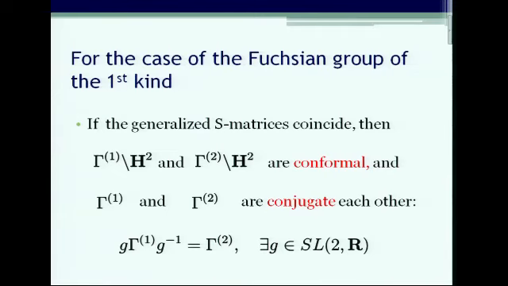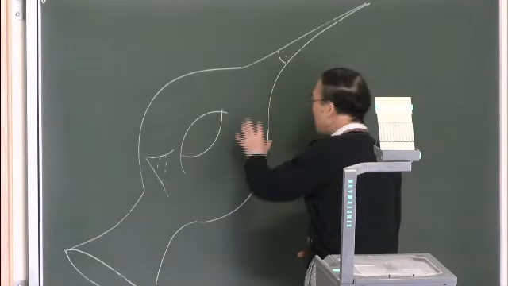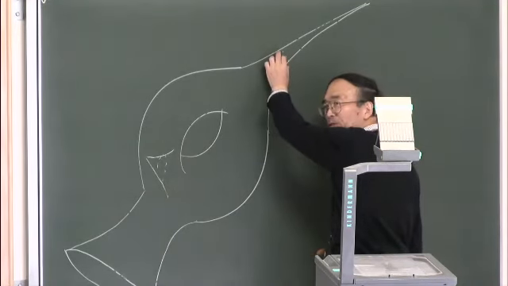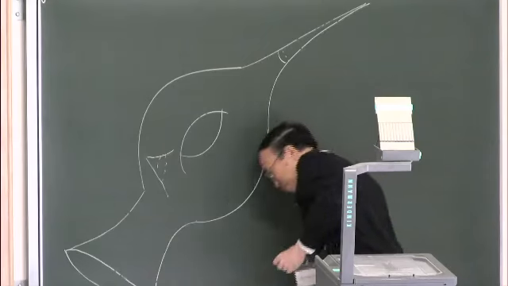The proof uses a boundary control method, which essentially means that from the scattering matrix, you introduce some artificial boundary here, and you reduce the problem to determining the manifold from the Dirichlet-to-Neumann map from here.